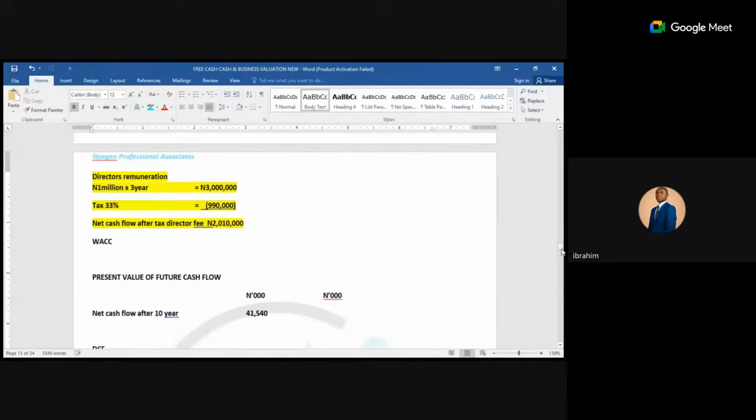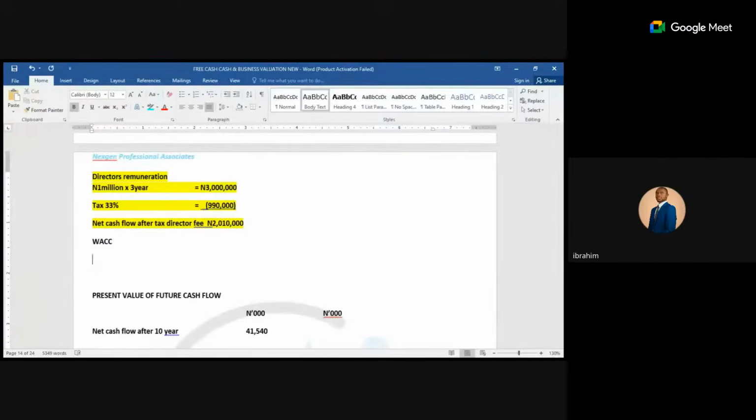So, weighted average cost of capital. We'll do it one after the other. What is our formula for calculating weighted average cost of capital?